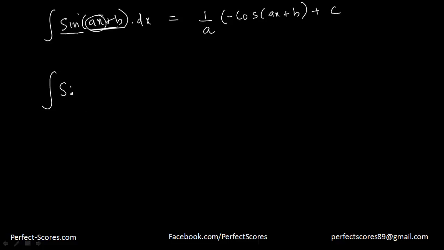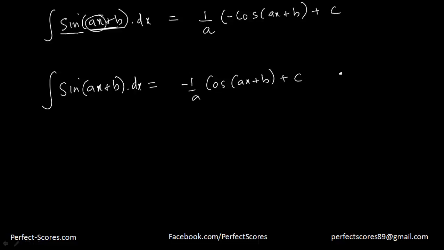So the antiderivative of sine of ax plus b dx is equal to negative 1 over a cosine of ax plus b plus c.